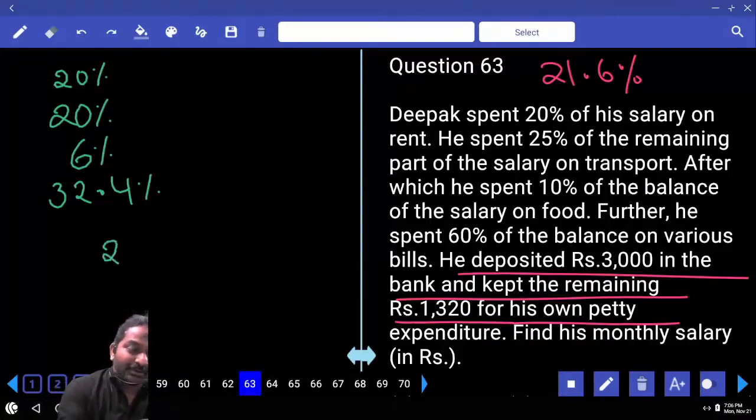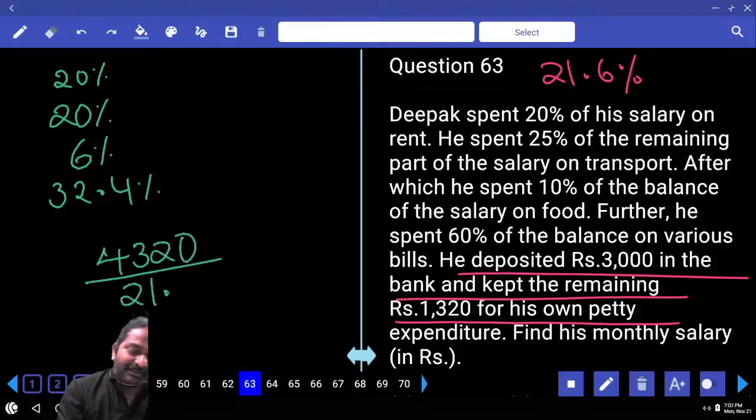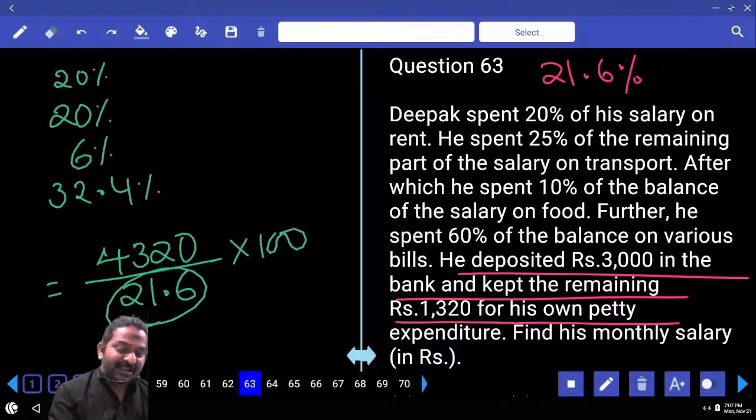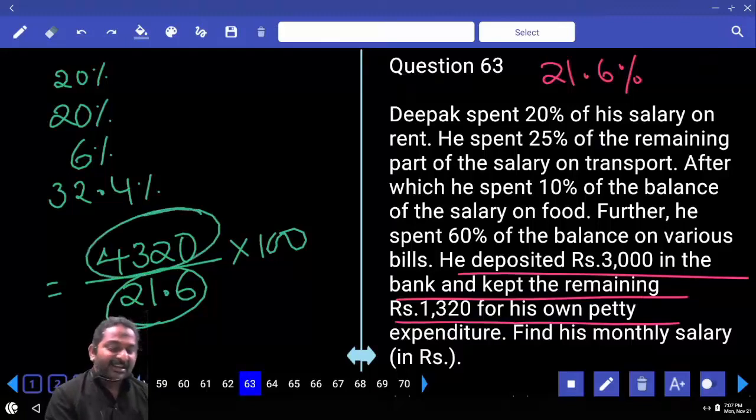How much is that? 4,320 is equal to 21.6%. We were asked to calculate the monthly salary, that is 100%. Exactly 200 times: 10 times is 216, 20 times is 432, and then a zero.